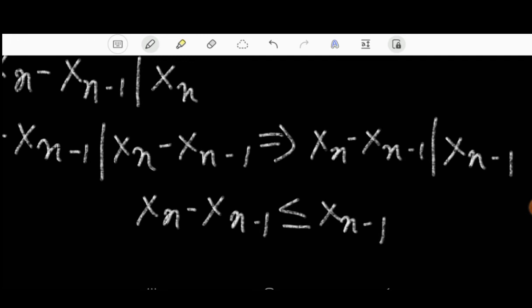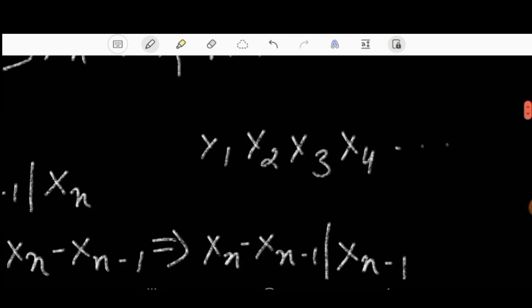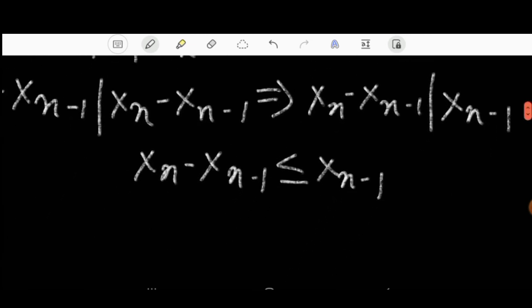Remember, I have not used the absolute value sign here because we know that this sequence is a strictly increasing sequence, and if we take two consecutive terms and take the difference from the bigger value to the lesser, it would be a positive result.